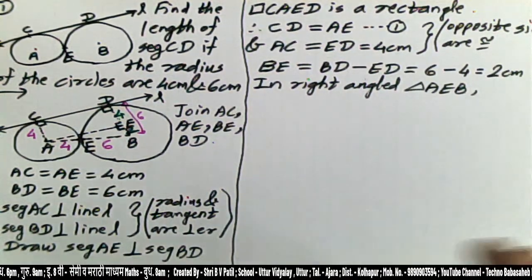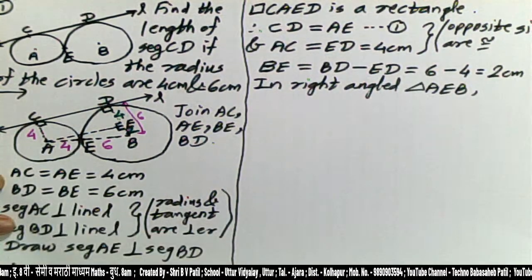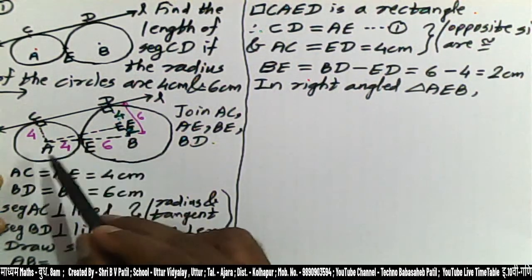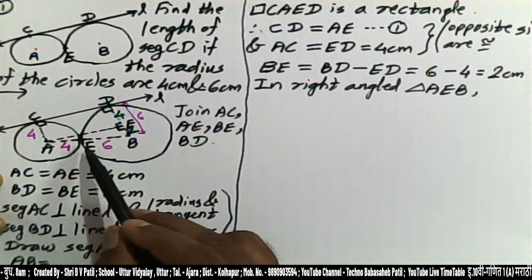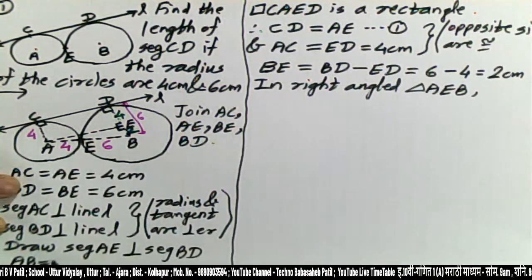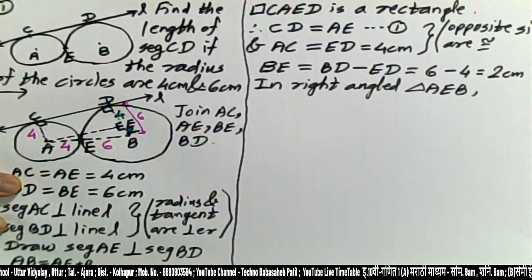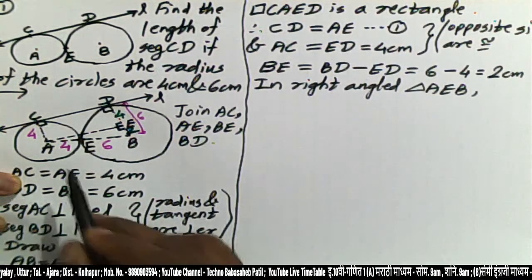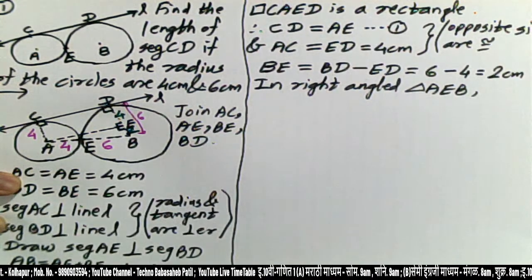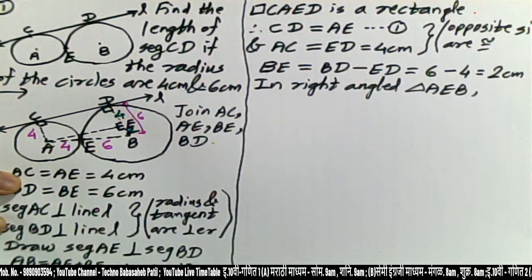Yes, AB is essential. AB is equal to the addition of two segments, that is AE plus BE. AE is 4 plus BE is 6. We get 10 centimeter.